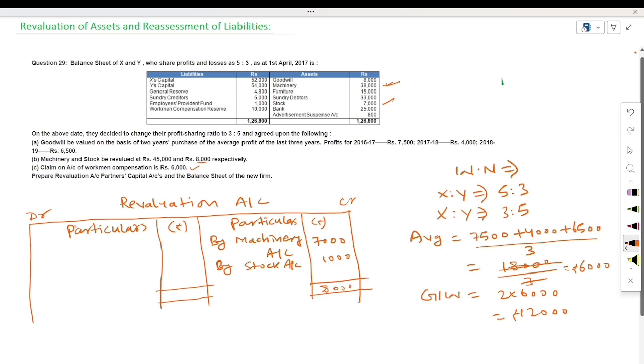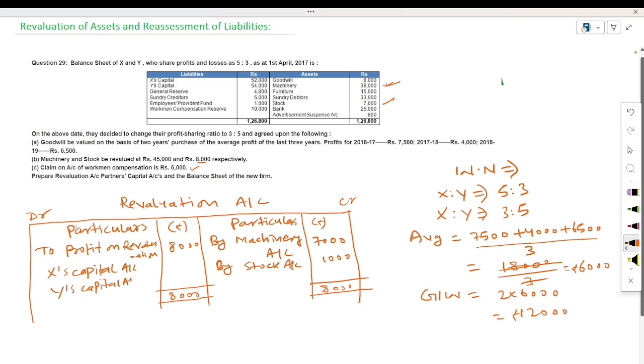8,000 is profit here, and this profit on revaluation will be credited to the partners' capital accounts. To profit on revaluation, how much? 8,000 will be credited to X's capital account and Y's capital account.